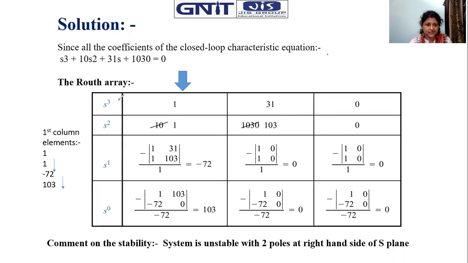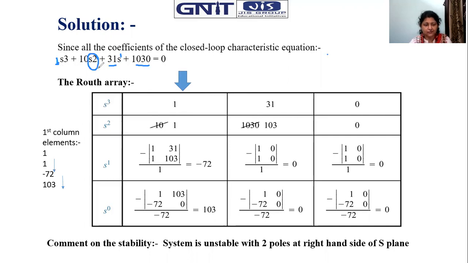Starting with s cube, what are the coefficients? 1. Then skipping s square, the coefficient of s to the power 1 is 31. So we got 1, 31. Then skipping this one, we get 0. So for the first column, all the entries are 1, 31, 0.